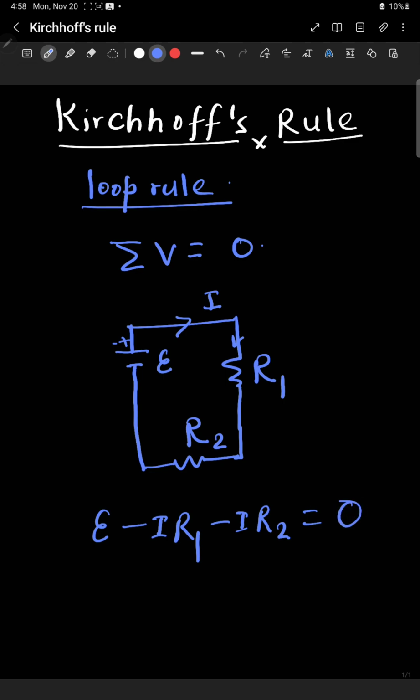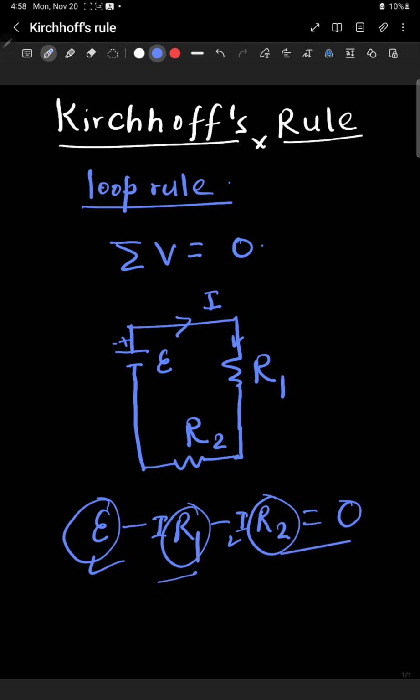Based on this rule, you can calculate anything which is unknown. Resistances might be given and you have to calculate R given the potential of the battery, or you might have to calculate the EMF of the battery, or one of the resistances might be given and the other can be calculated.